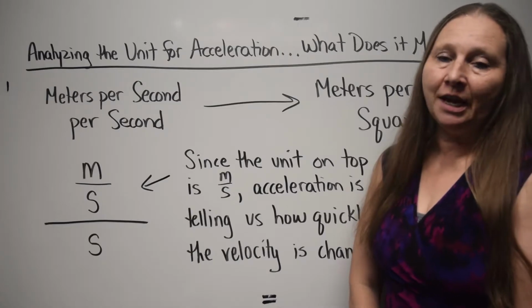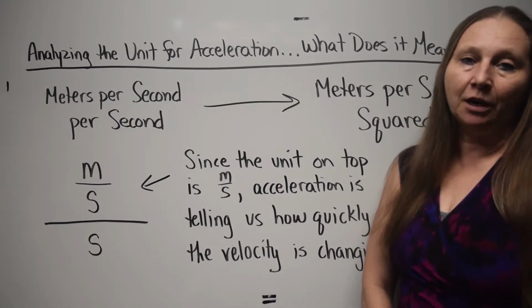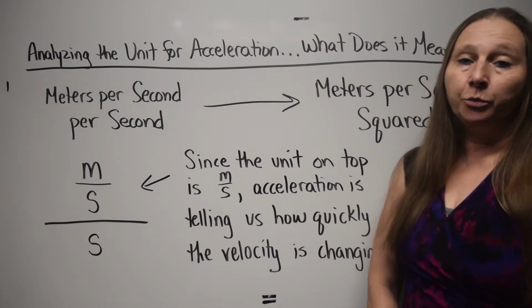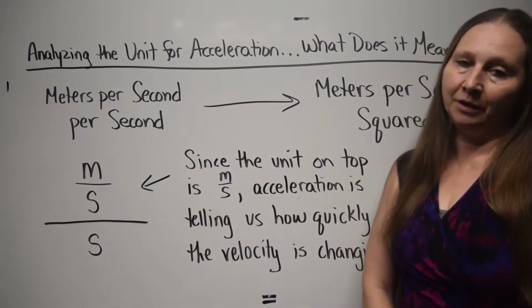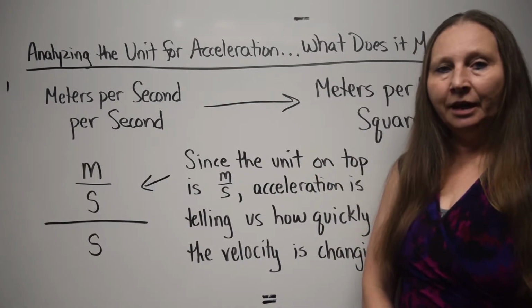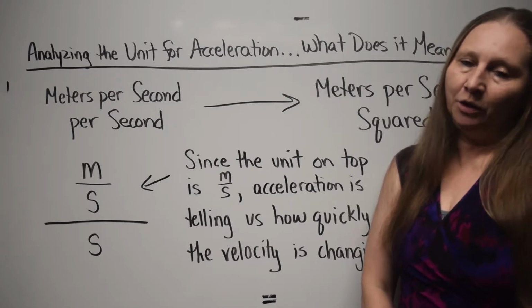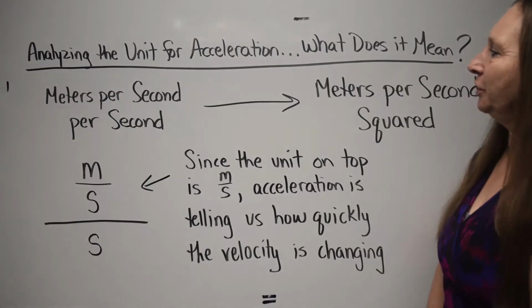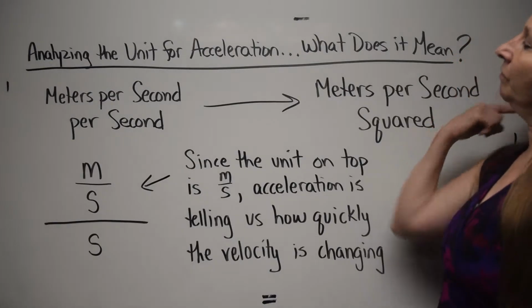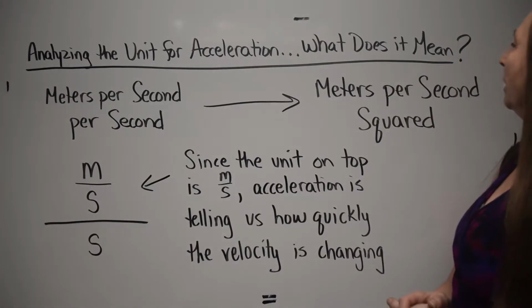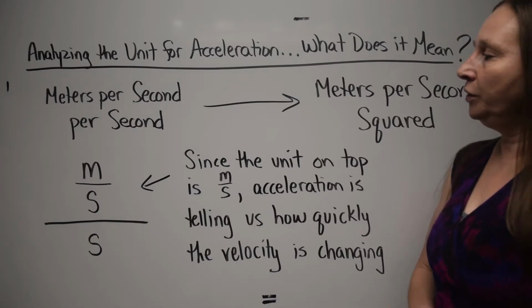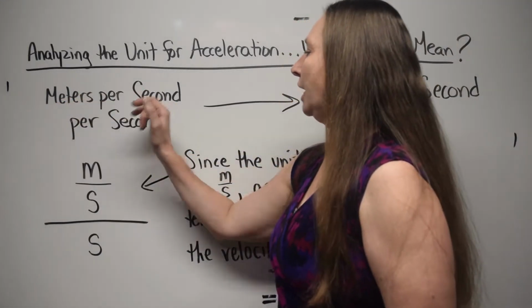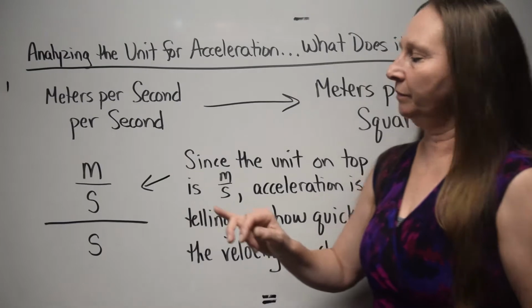We need to understand what the unit for acceleration means so that we can think about what happens to your speed and your distance and your time when you accelerate. So let's take a look at the unit for acceleration. Analyzing the unit for acceleration, what does it mean? Well, the unit is meters per second per second.